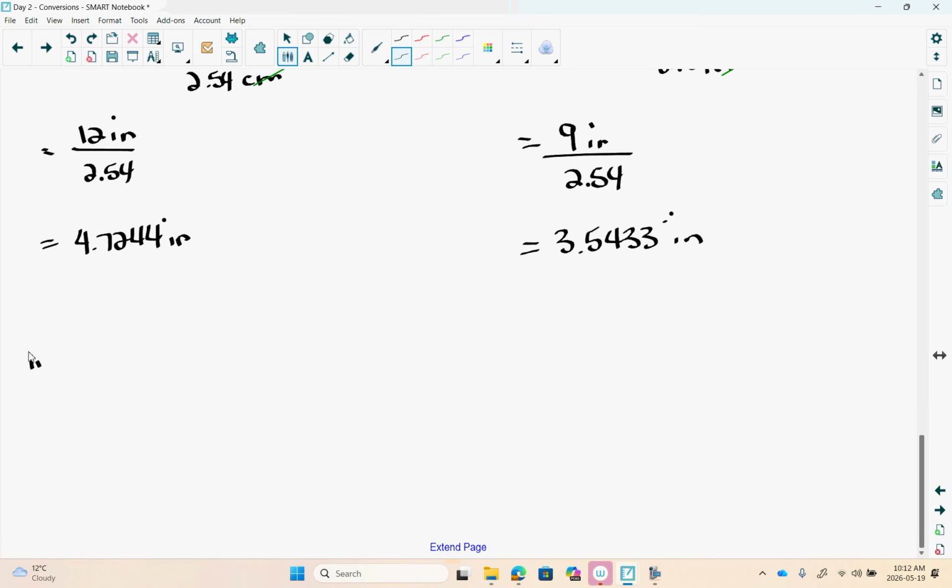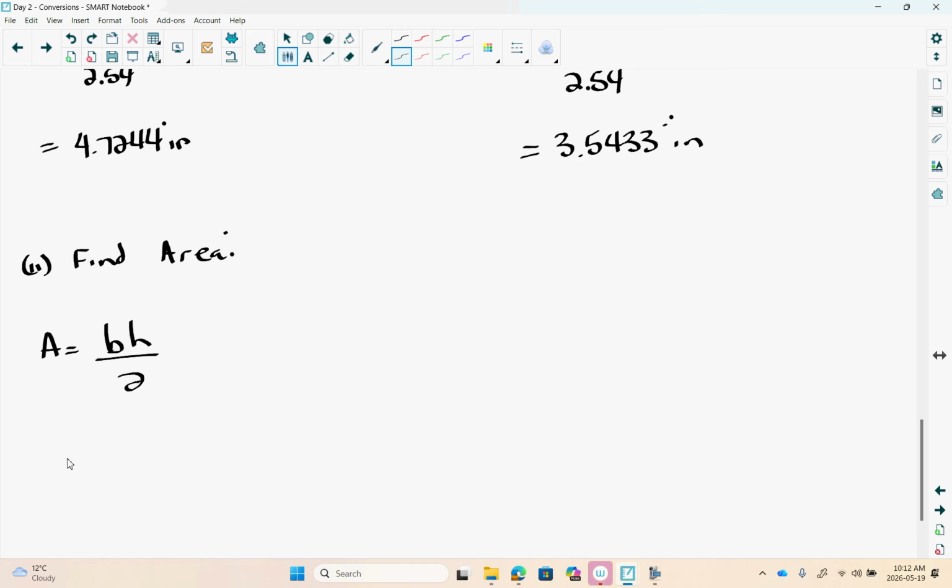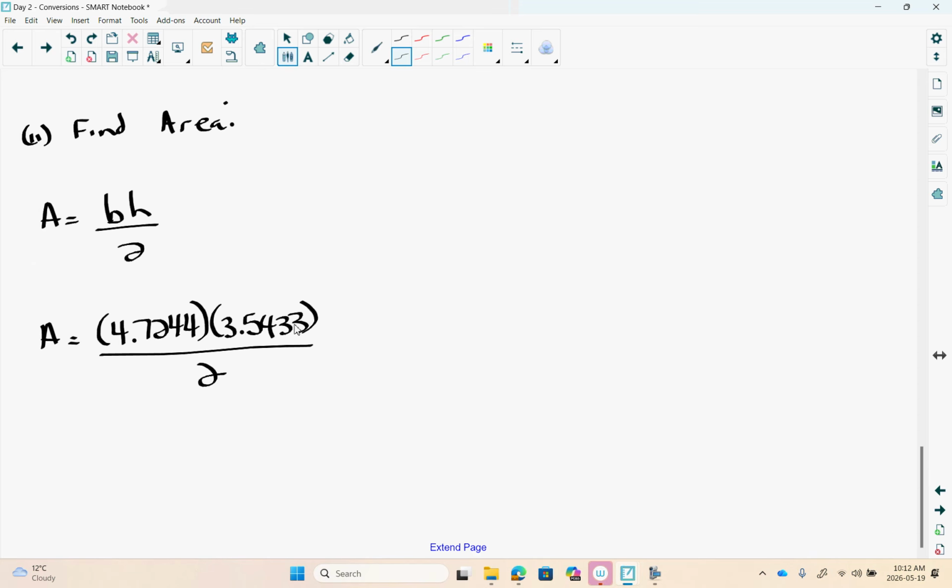Step 2 is to figure out the area. And the area of a triangle is the base times the height divided by 2. The base was 4.7244. That's this number. It's inches. The height is 3.5433. That's this number. And I divide it by 2. Now remember, it's inches times inches.